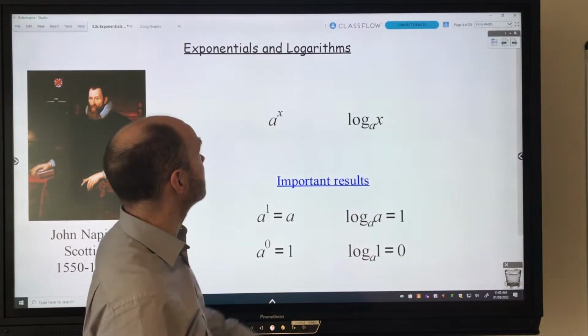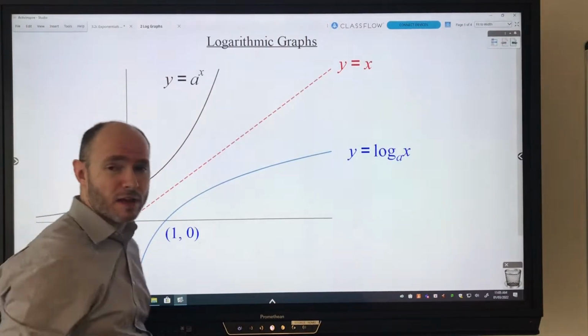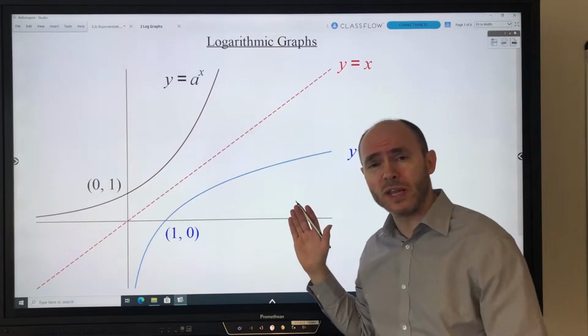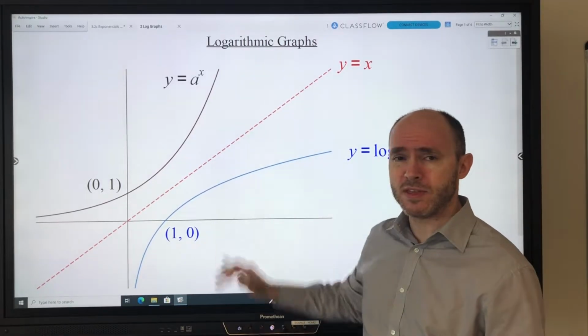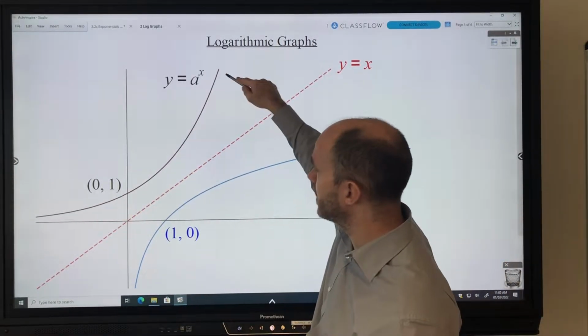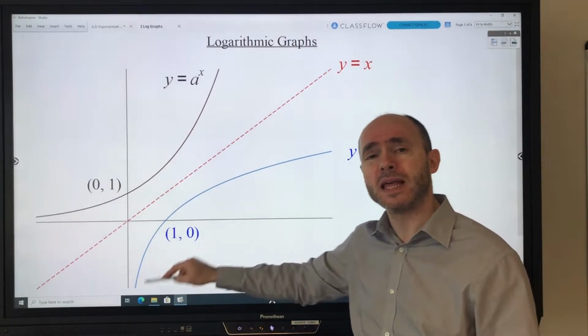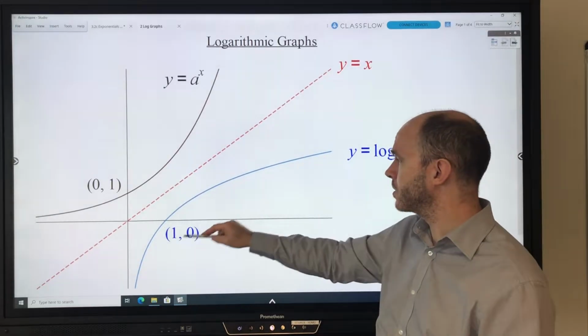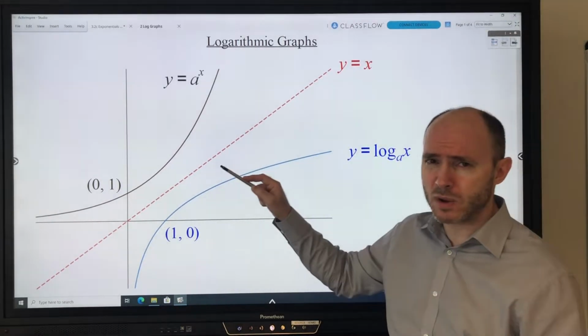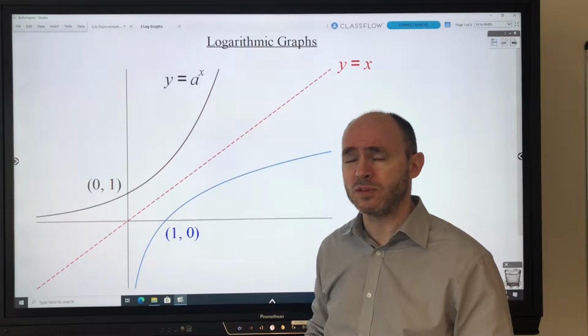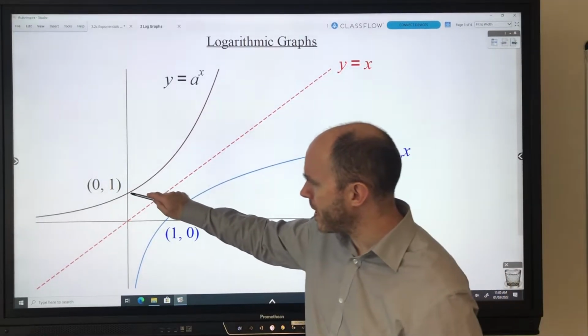The last two are easier to spot, because if you've seen my graph video on exponential logarithms, you'll recall it looks like this. There's the exponential graph. If we reflect that through the line y equals x, we get the inverse function. That's how inverses work, of y equals log base a of x. This is a one-to-one function, so we're absolutely fine with finding an inverse. Notice the y-intercept there.